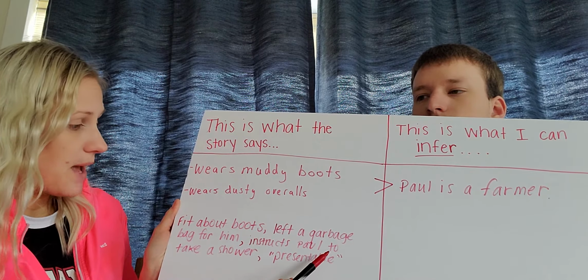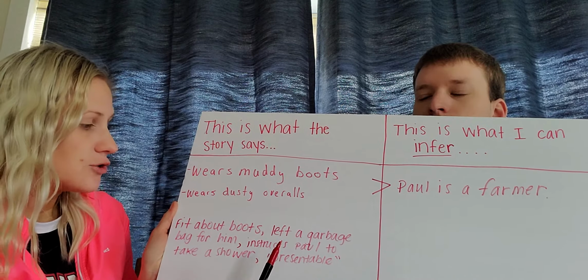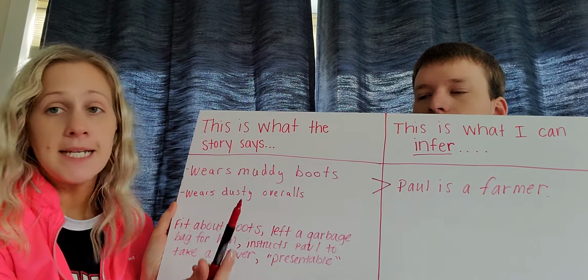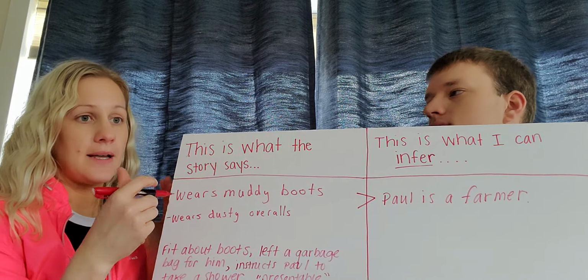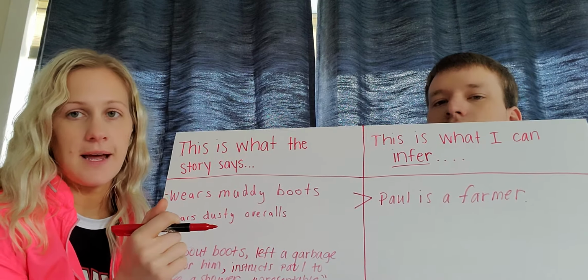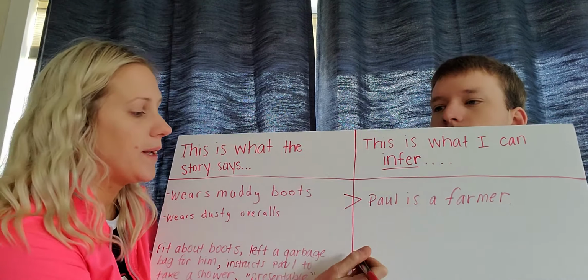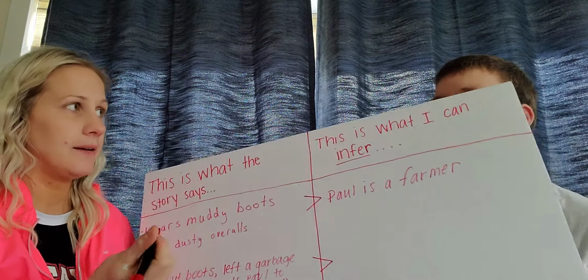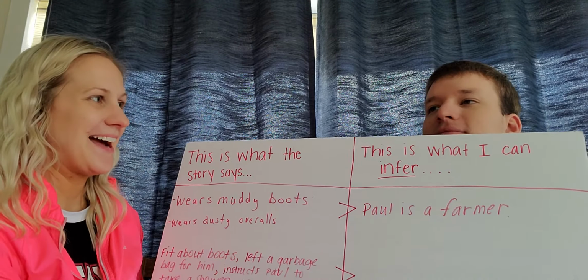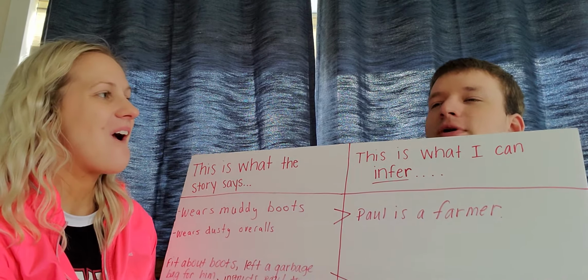She left the garbage bag for him. She instructs him to take a shower, and he can't have dinner until he's presentable. Presentable means that he has nicer clothes on and he's not as dirty. So what we can infer from this about Alice's personality and what she's like. You got anything? I got something. I have one. I bet yours is better, though.